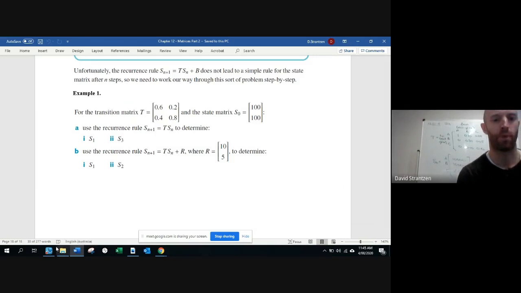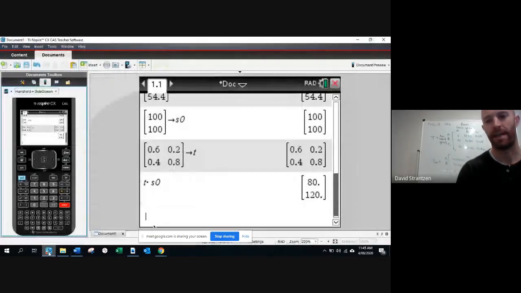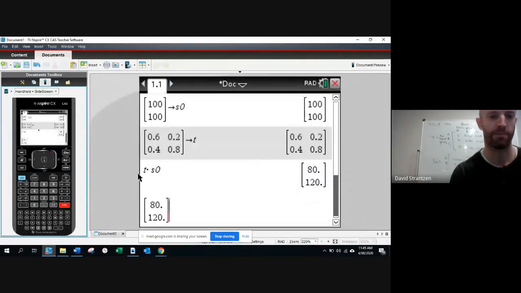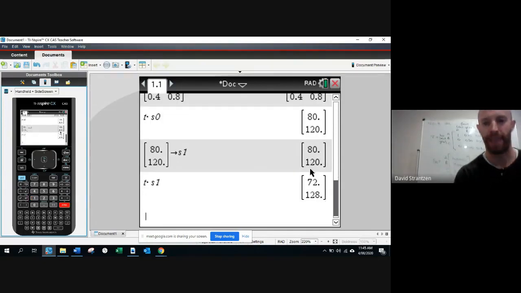So to find S1, I do T times S0. And that's the value of S1. S1 is 80 and 120. I'm going to store that as S1. I'm then going to use that in my next calculation. To work out S2, I'm going to do T times S1, and that gives me S2.